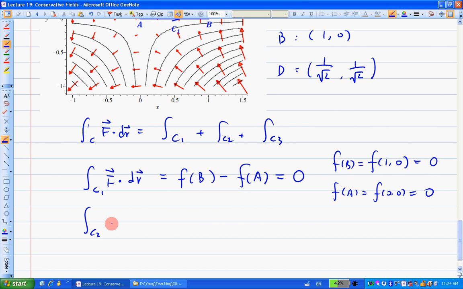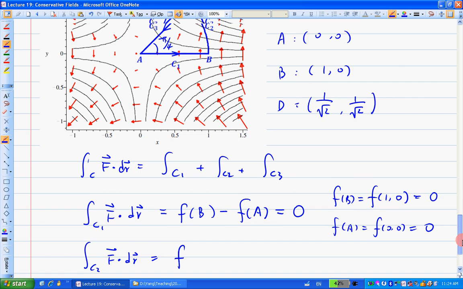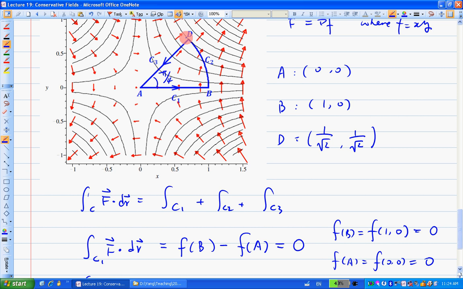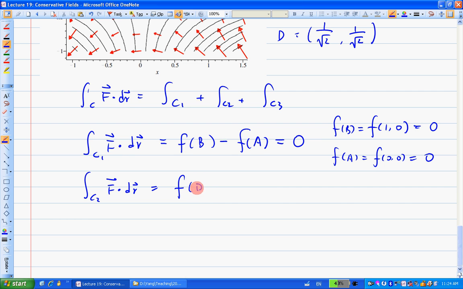And the second line integral is over C2, this portion here. It starts at B and ends at D. According to the fundamental theorem, it's the f value at the D point minus the f value at the B point. We already have B, so we need f of D. D is 1 over root 2, 1 over root 2.